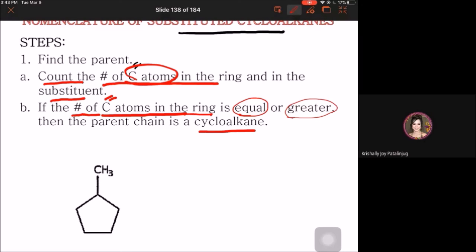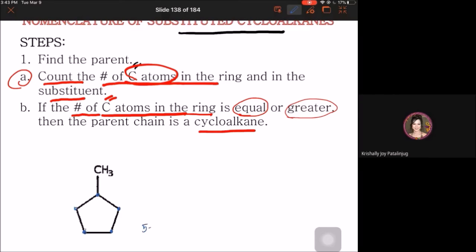Say for example, this one. Under letter A, you have to count the number of carbons in the ring. So if this is the ring, how many carbons are in the ring? 5.